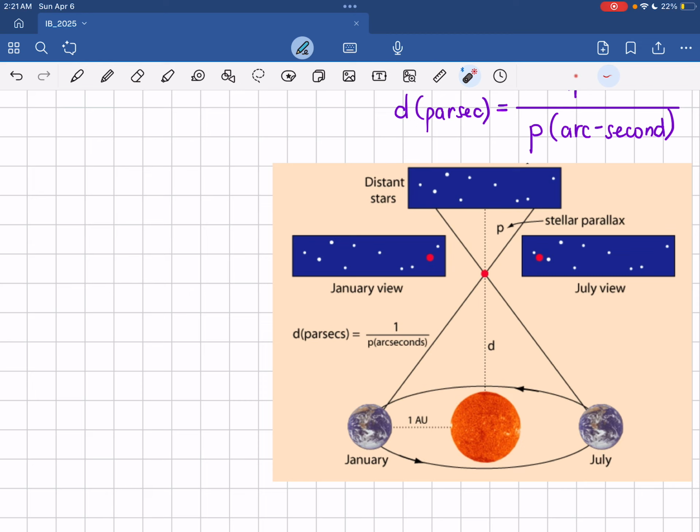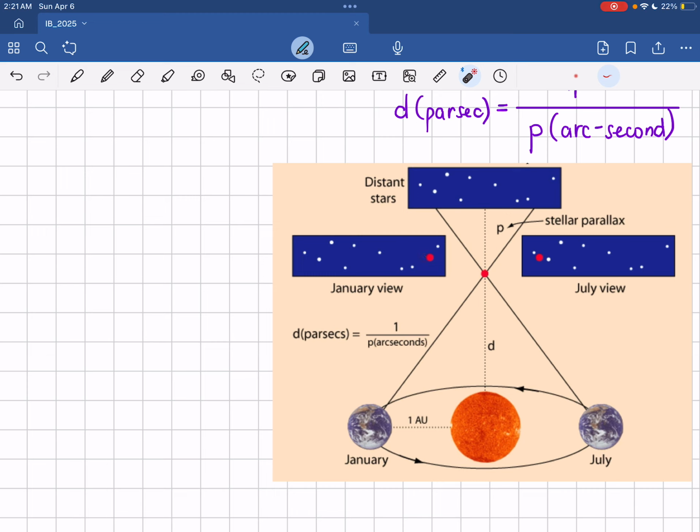Okay, so now we want to see, in January, you should see the star here. But after our rotating to the new position in July, you should see that the star is on the left. It's moving from here to here. Seems like the star has moved, but it's not because the star is moving, but because our Earth is moving, right?